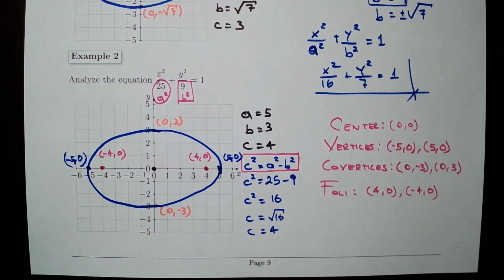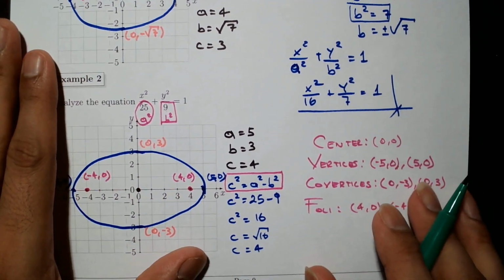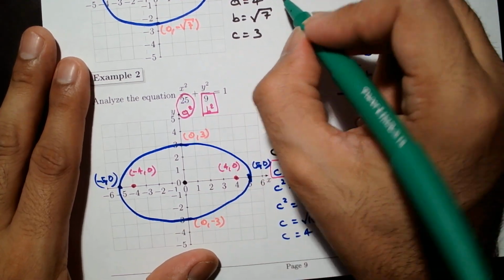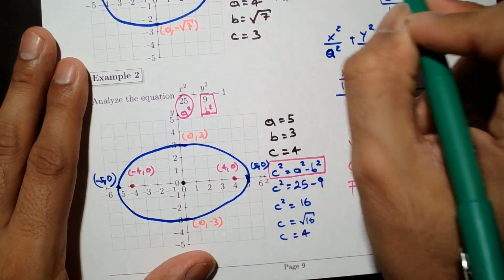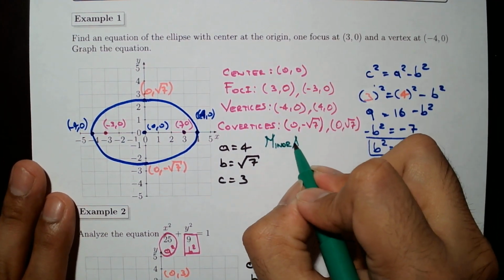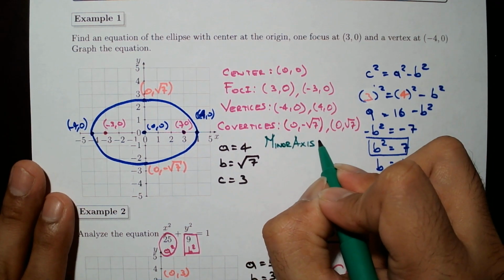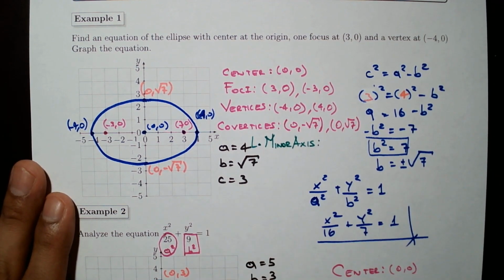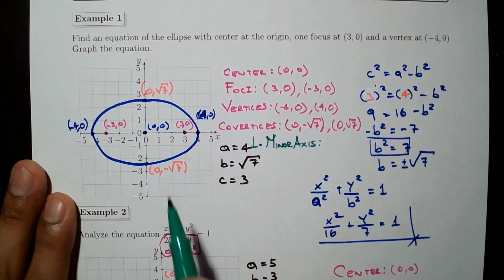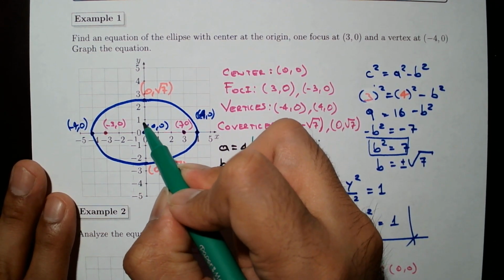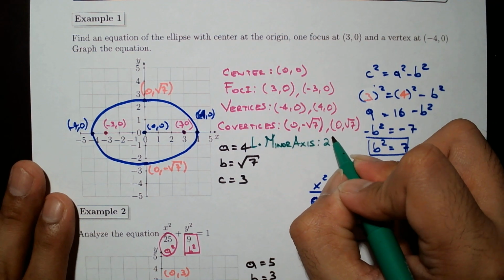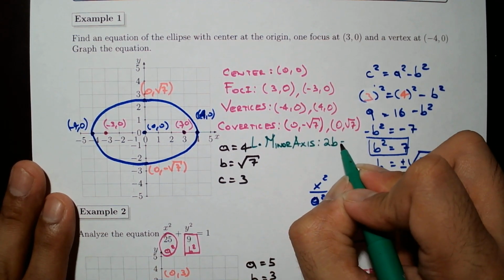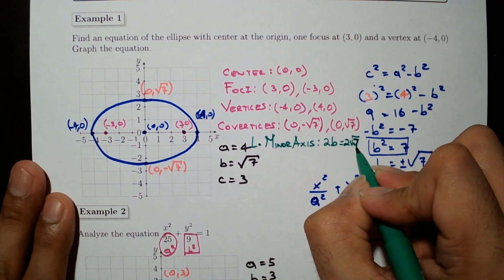Now let me go back a little bit to look at the minor axis. That is the length, I'm going to abbreviate L. This is the length of the minor axis. Well, we go from the center, that's actually 2 times b, which is 2 times the square root of 7.